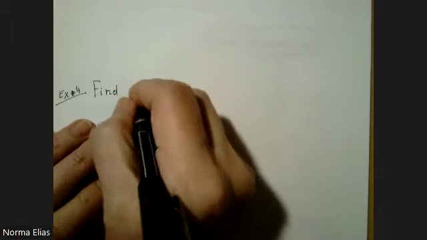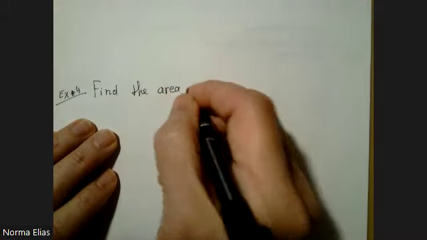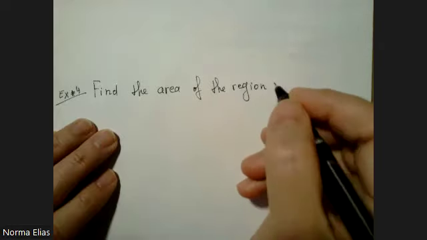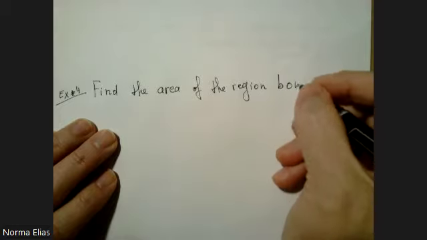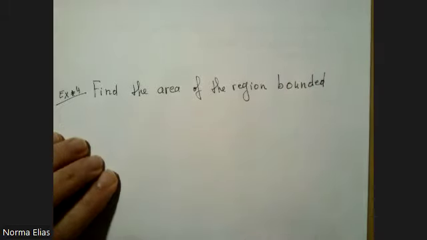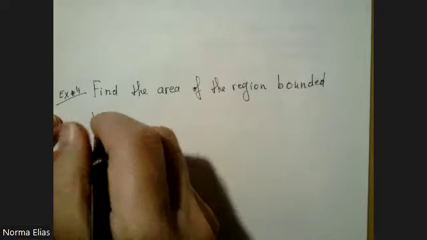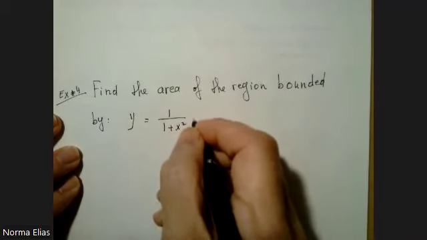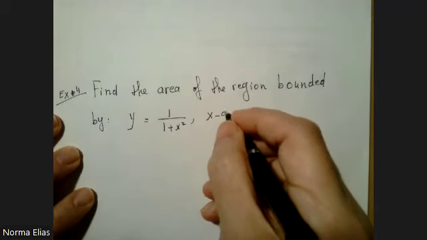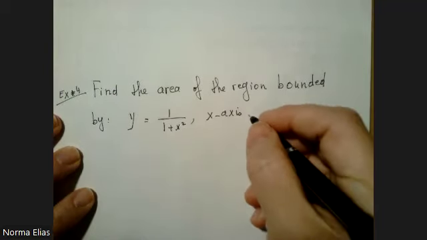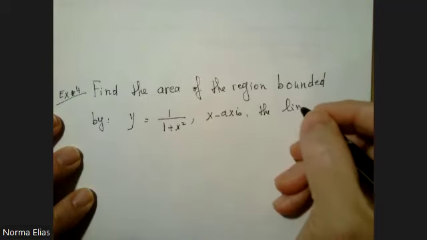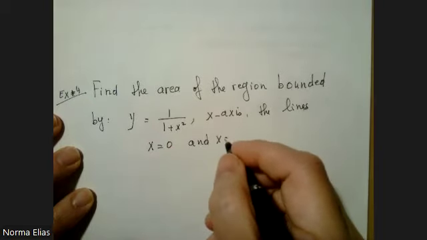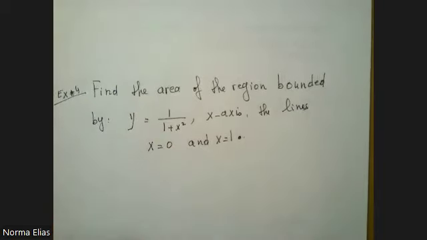Find the area of the region bounded by the graph of the function y equals 1 over 1 plus x squared, the x-axis, and the lines x equals 0 and x equals 1. Okay, so find the area of the region.